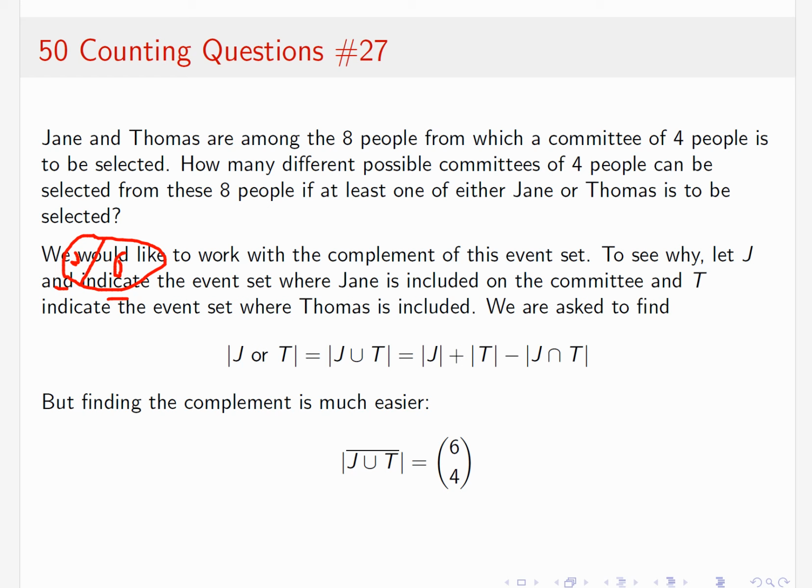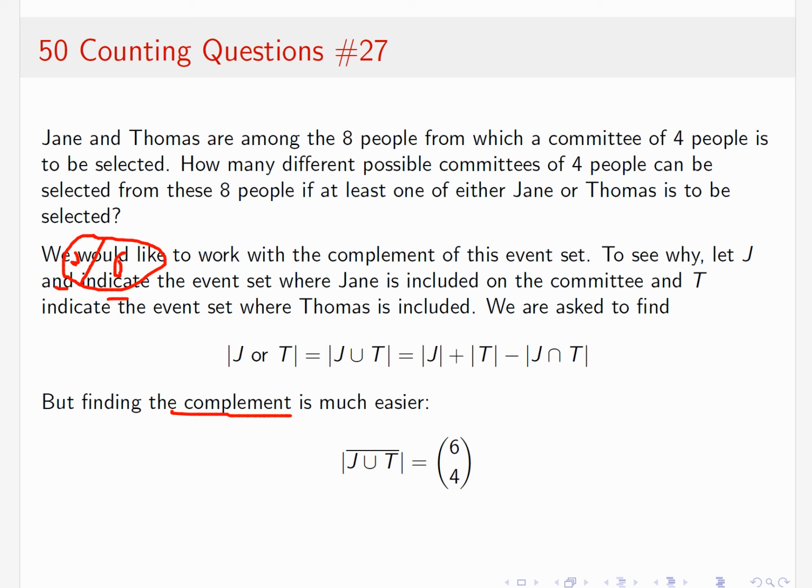We would have to calculate 3 things using these partitions. We'd have to count the one where both Jane and Thomas were selected, and then Jane being selected by herself, and add to that Thomas being selected by himself, but ruling out the times when they're selected together because they're already counted over here. So this is rather complicated, but here we go.